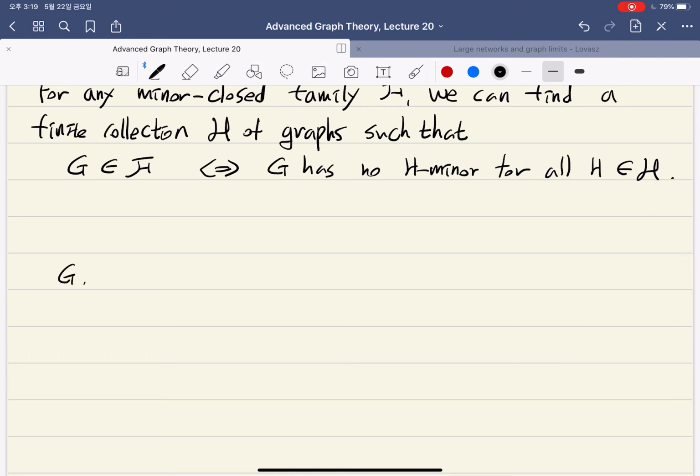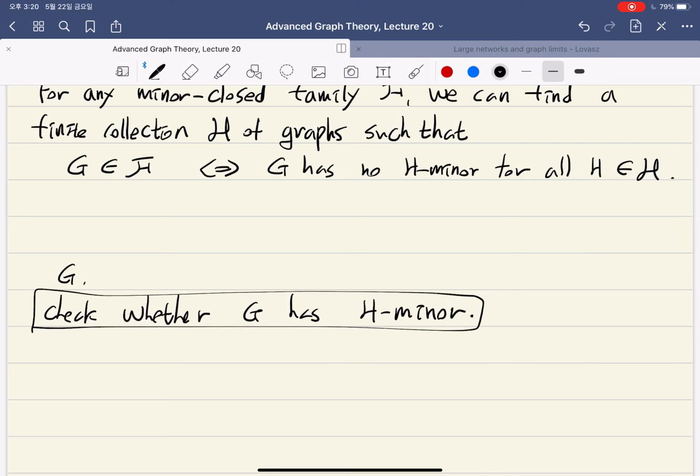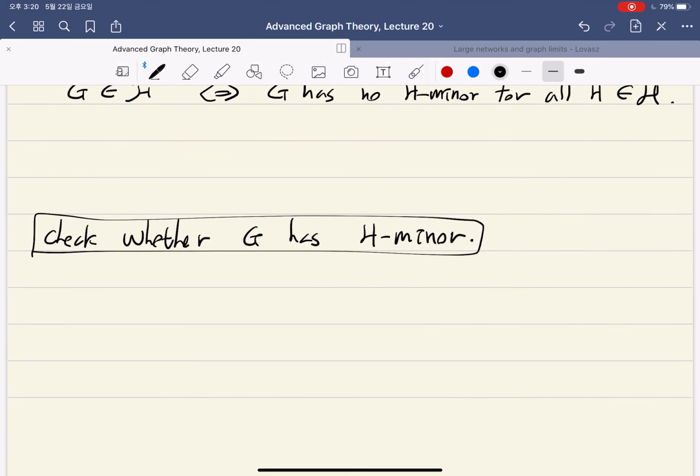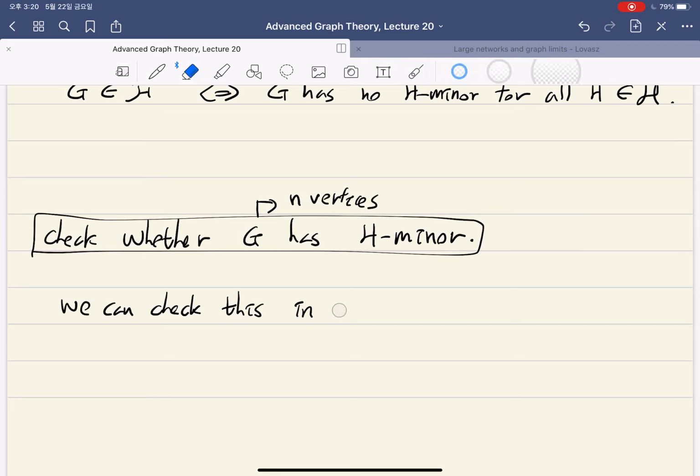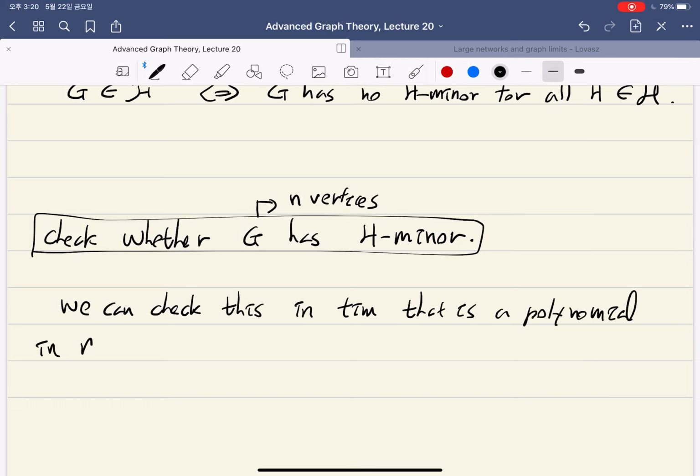So when we have a G and we want to check whether this G has an H minor, let's fix H. Then what we can show is, let's say this G has n vertices, then we can check this in time that is polynomial in n.